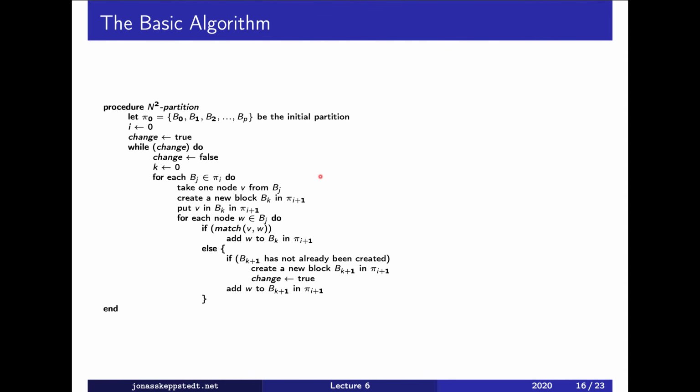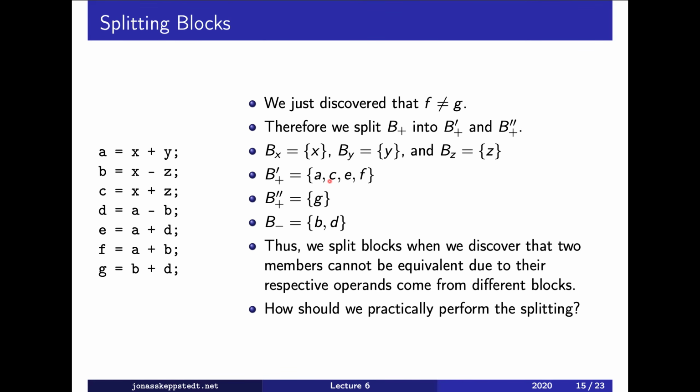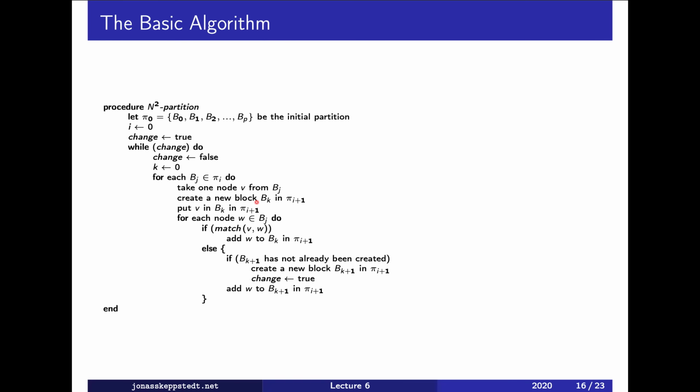Okay, and then we check all the other instructions in the block in which that instruction was from the beginning. So we check all the others, C, E, F, with A. And if they match, that means if each operand of these two instructions are in the same block, then we put the new instruction in the same block as this one we put first.